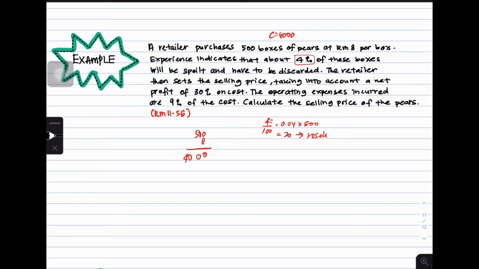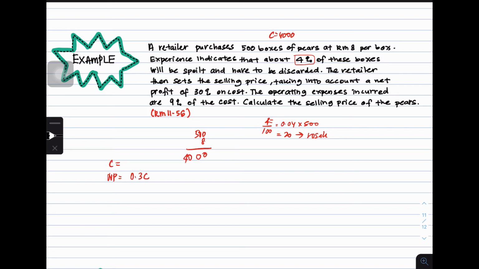The retailer then sets the selling price, taking into account a net profit of 30% on cost, and the operating expense incurred is 9% of the cost. Calculate the selling price of the pear. Okay, so now he wants a profit of 30% on cost. So the net profit is 30%, which is 0.3 of cost.